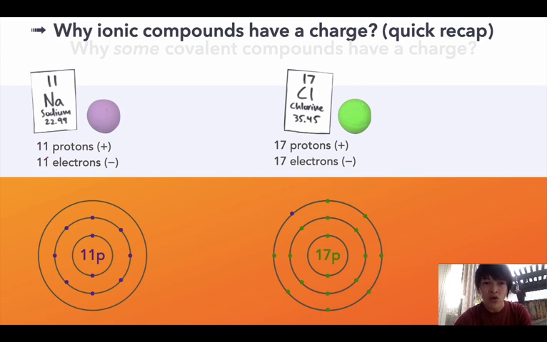Sodium has one less electron now, so it has 10 electrons. Chlorine has one more electron now. It has 18 electrons. Since sodium has more protons than electrons, then sodium is now a positive ion. And since the chlorine has more electrons than protons now, then the chlorine is now a negative ion.